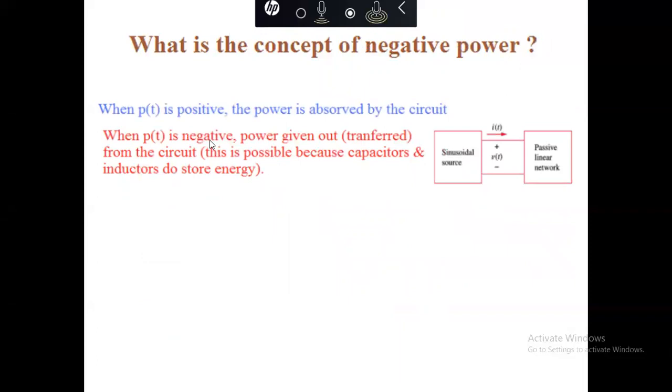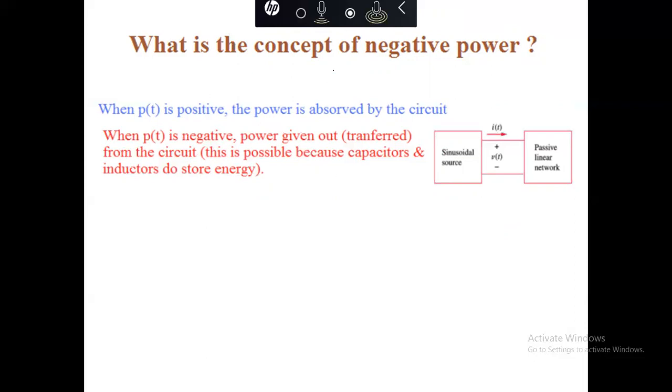So what is the concept of negative power? In fact, power is absorbed by the circuit, but we also have power transferred from the network, and that power is indicated by the negative sign.